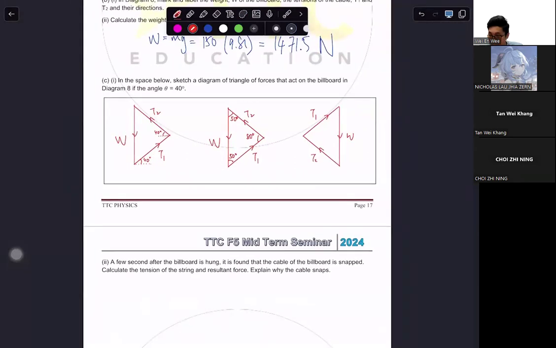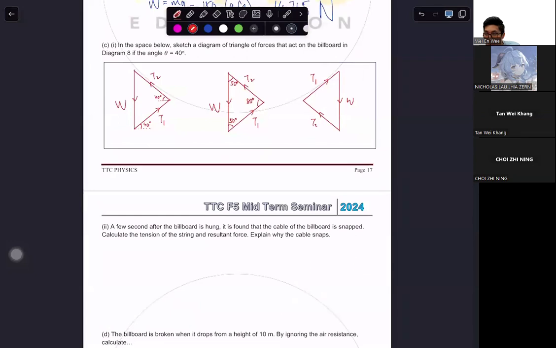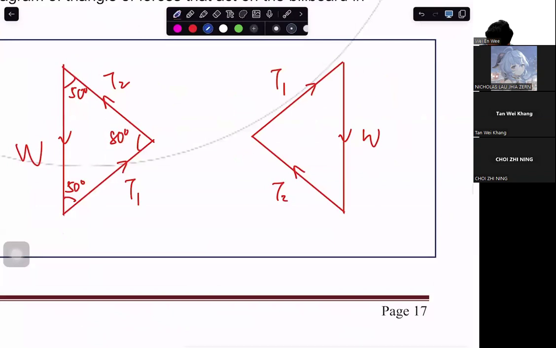Okay, so next, a few seconds after the billboard is hung, it is found that the cable of the billboard snapped. Calculate the tension in the string, meaning calculate what is T. Okay, calculate what is T. Yeah, explain why the cable snapped. So, see, how to calculate T, right? Very easy. I just want to look at one of the T. Don't look at both together, because if you look at both together, you get two unknowns, right?